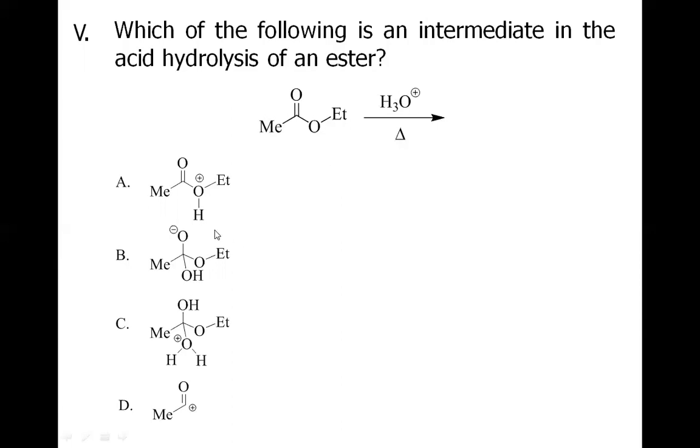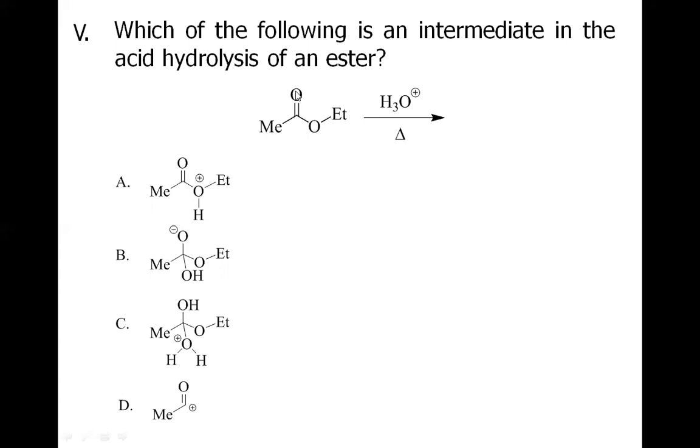So if you look at option A, it cannot be the answer, because the protonation cannot occur at this oxygen. Rather it will occur at this oxygen. So option A is not the answer. And why can the protonation not occur at this oxygen and occurs at this oxygen?